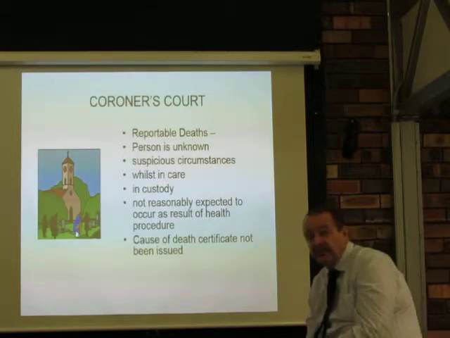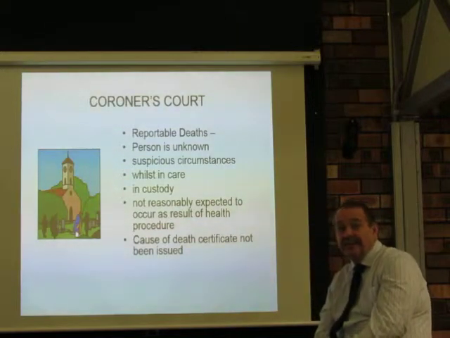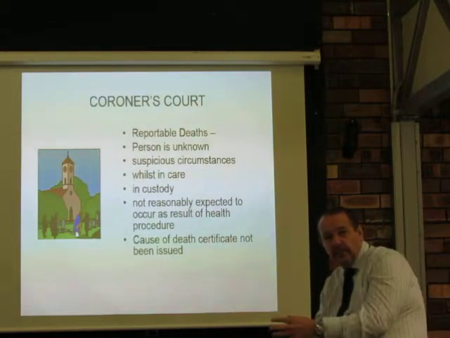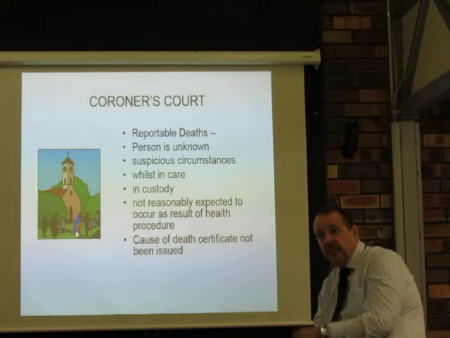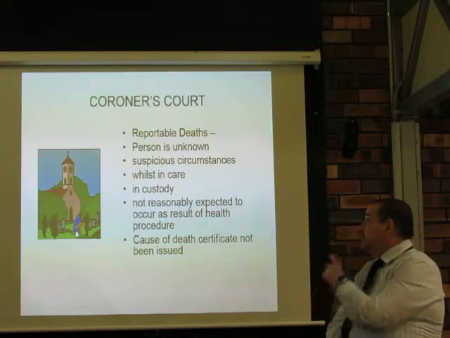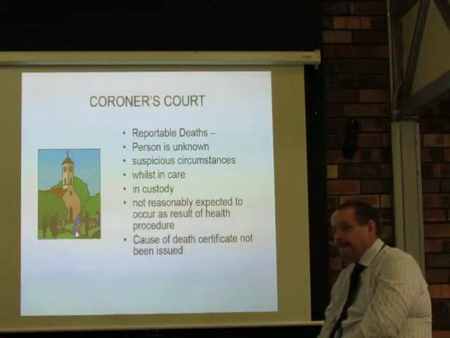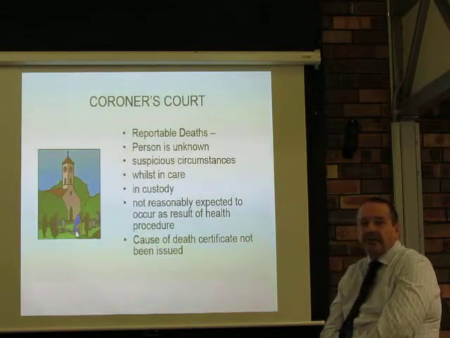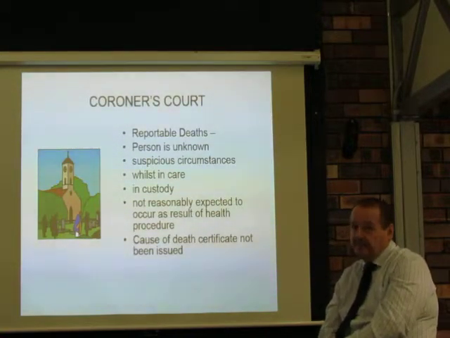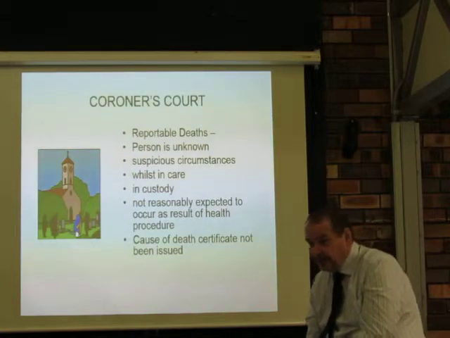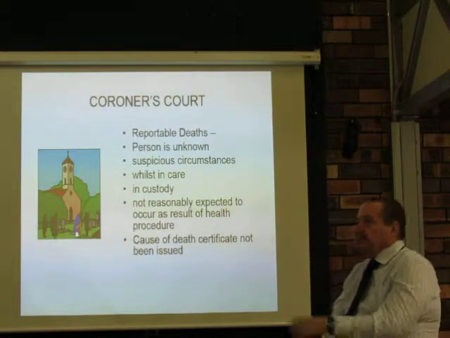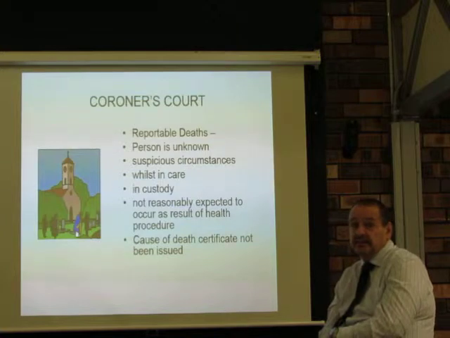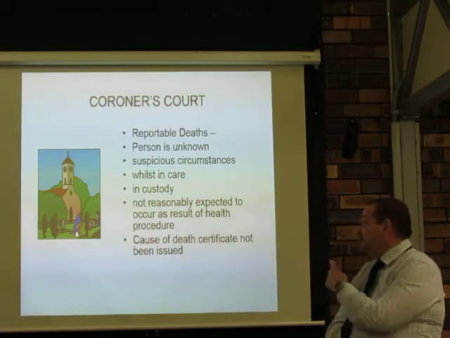If you don't know who the person is, then they'll have to investigate it. They investigate not only to find out who the person is, but what the cause of death was. Suspicious circumstances. You come in, you find a plastic bag over your patient's head, probably considered a suspicious circumstance. So they would have to investigate that. Doesn't matter what it is.